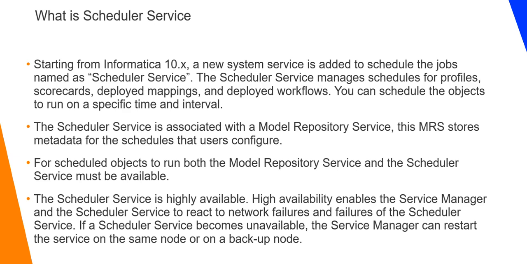The scheduler service is highly available. High availability enables the service manager and the scheduler service to react to network failures and failures of the scheduler service. If a scheduler service becomes unavailable, the service manager can restart the service on the same node or on the specified backup node.